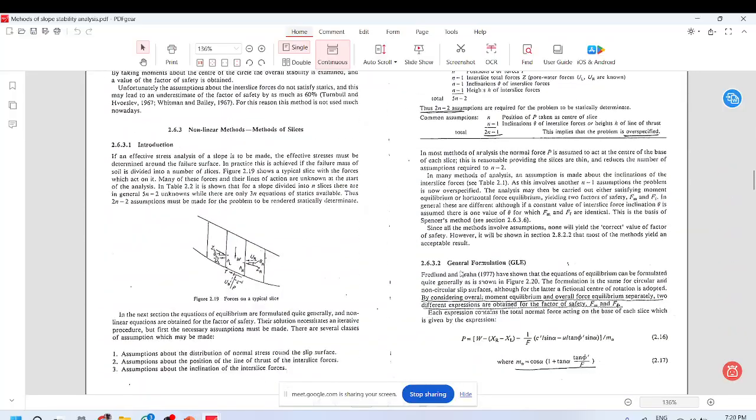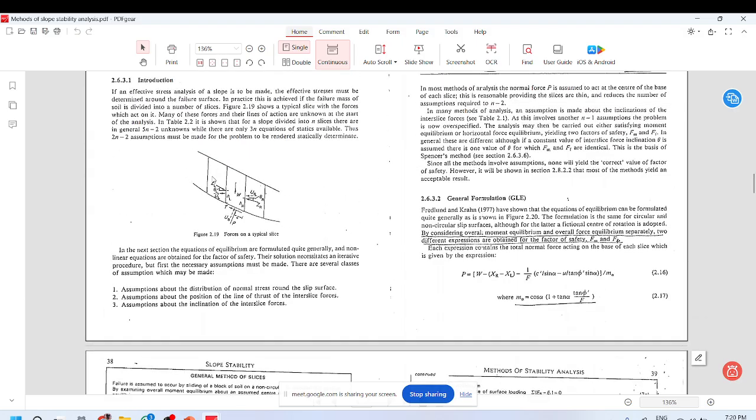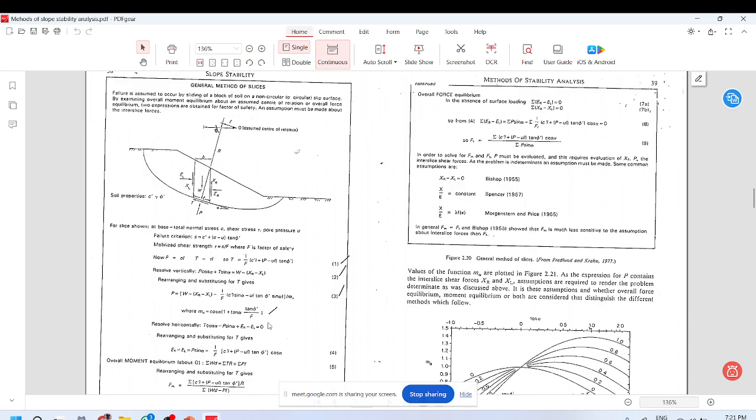But here, if we talk about a generalized formulation of an irregular nonlinear failure surface, let us say that I have a failure surface and then I divide it into wedges.